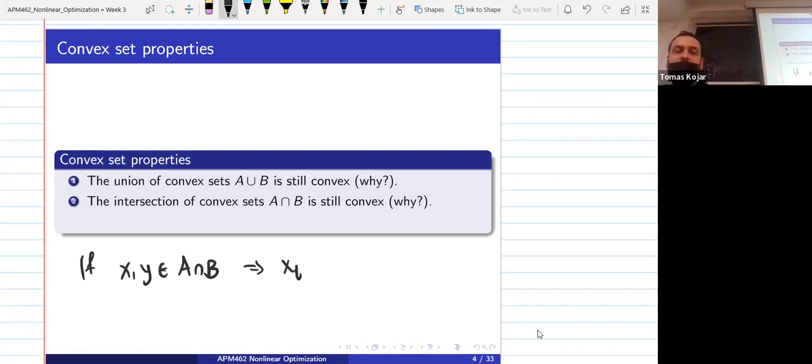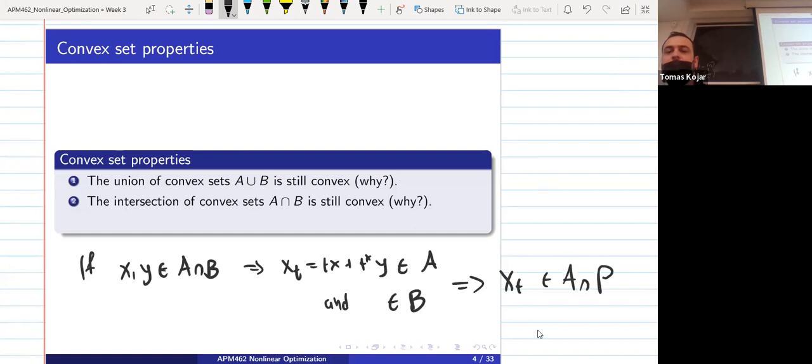Right, so there's some X of T equaling Tx plus T star Y, which is in A, in B, right. So X is in AB. Is that okay?